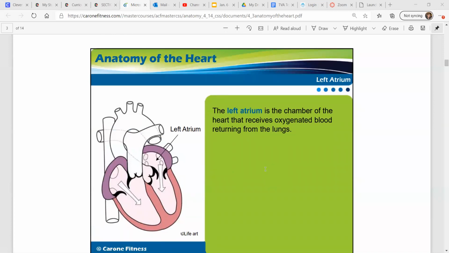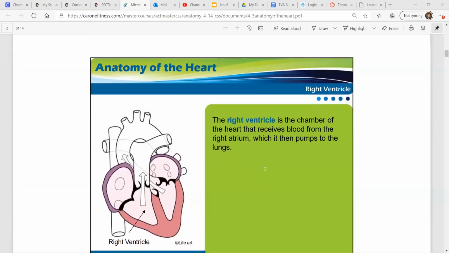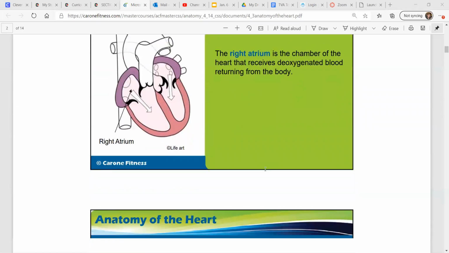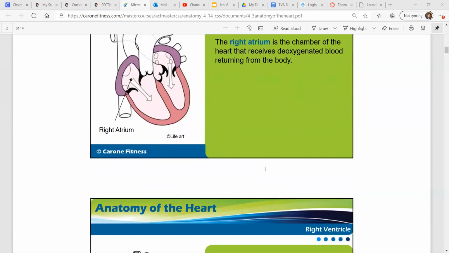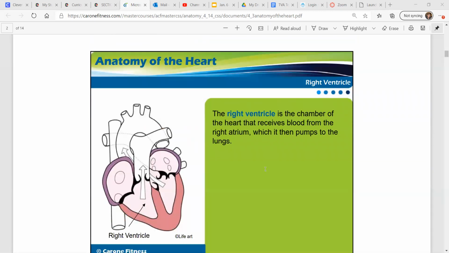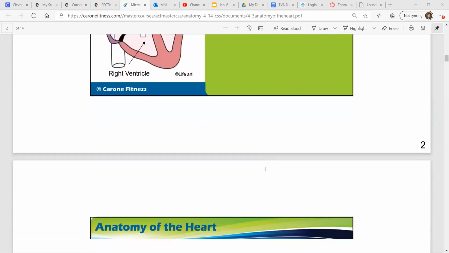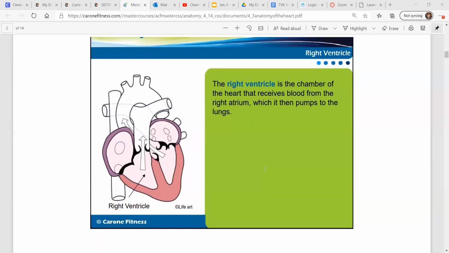Then we have the left atrium, and that is the chamber of the heart that receives oxygenated blood returning from the lungs. So you see the right atrium and right ventricle, they're dealing with deoxygenated blood returning from the body, and then it's pumped to the lungs.